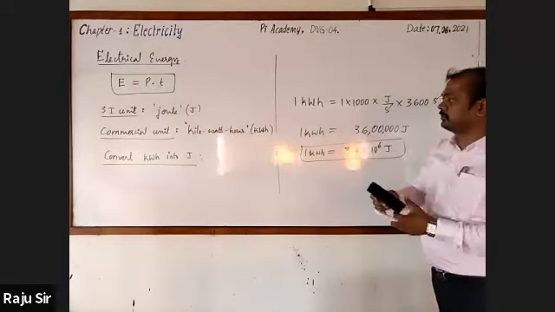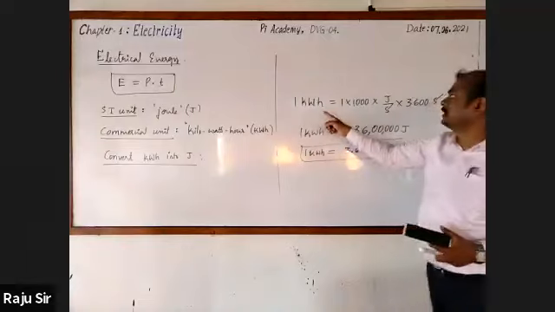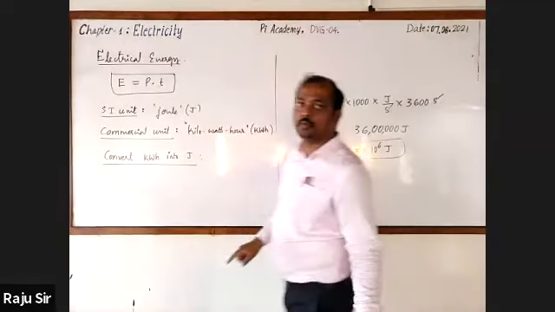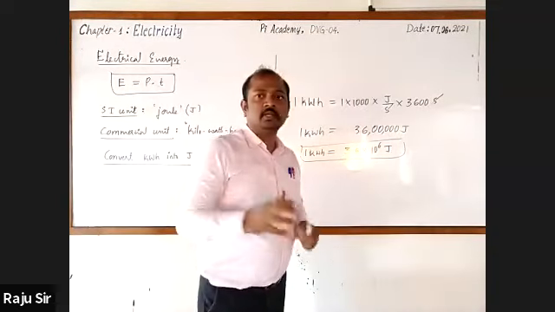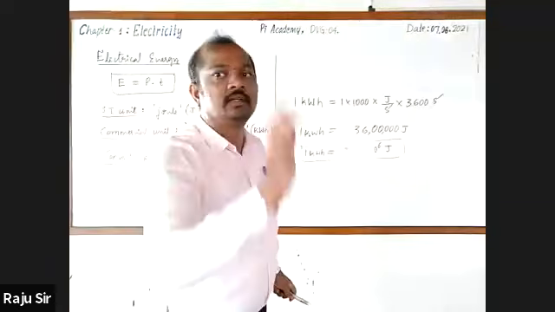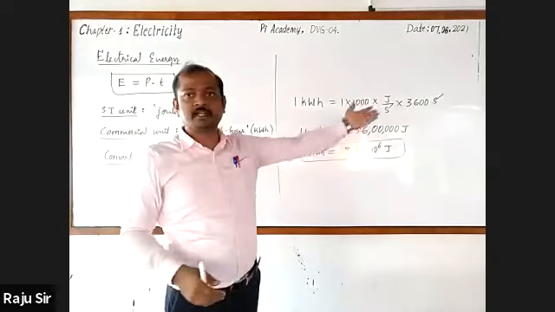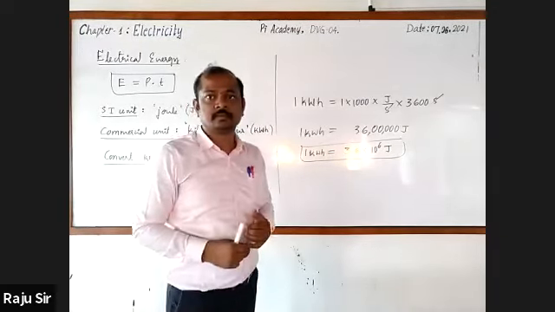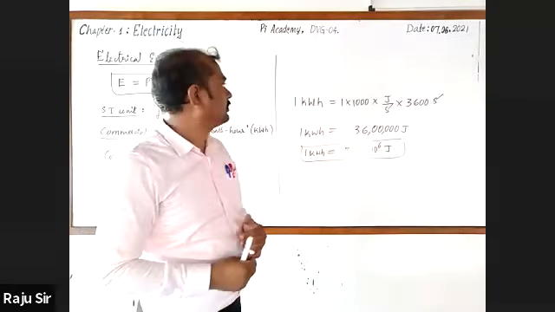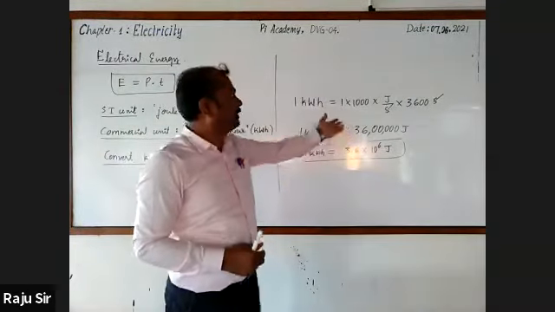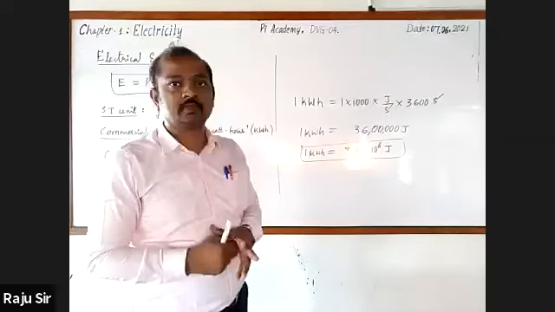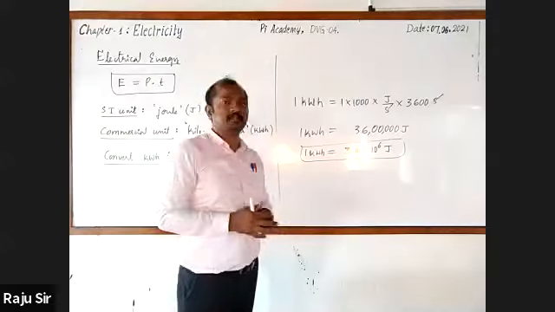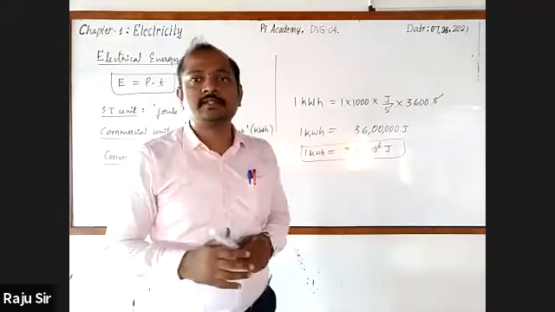Please copy this just below this. 1 kilowatt hour is equal to 1 into 1000 into J by S into 3600 seconds. Cancel S and S. Then multiply. You will get 36 lakh joules. That is, 3.6 into 10 raised to the power 6 joules.